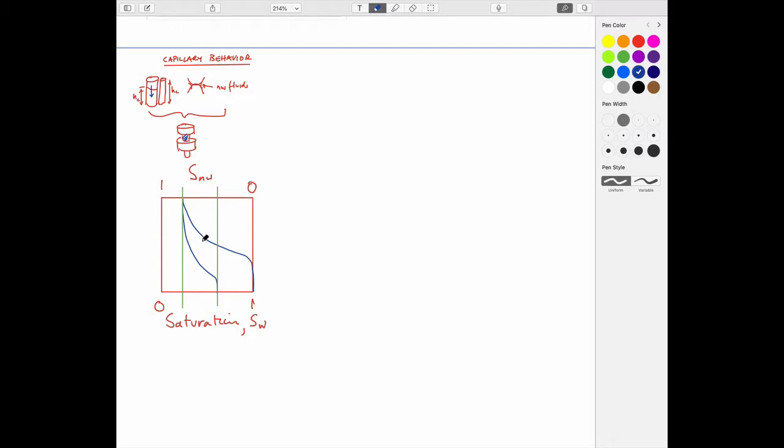We describe this as a drainage curve. Let me actually put the axes on here. This is capillary pressure, which we call PC, which is the difference between the non-wetting and the wetting pressure.